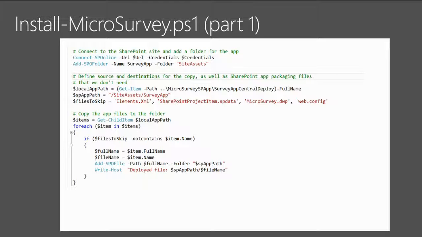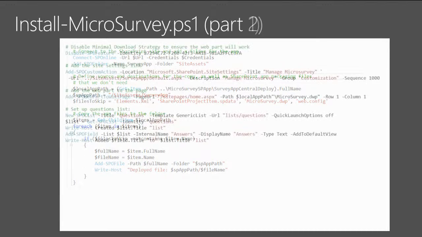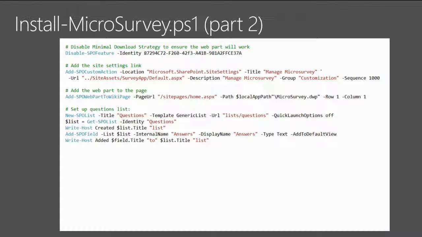I'm just looping through all the files and putting them out there. The next version was hopefully going to work with a minimal download strategy, but for now I'm disabling that. That's another topic. I also added a link to the site settings so that I could get to that site control page. Added the web part to the page, one line of code. Very, very simple, and added the list.